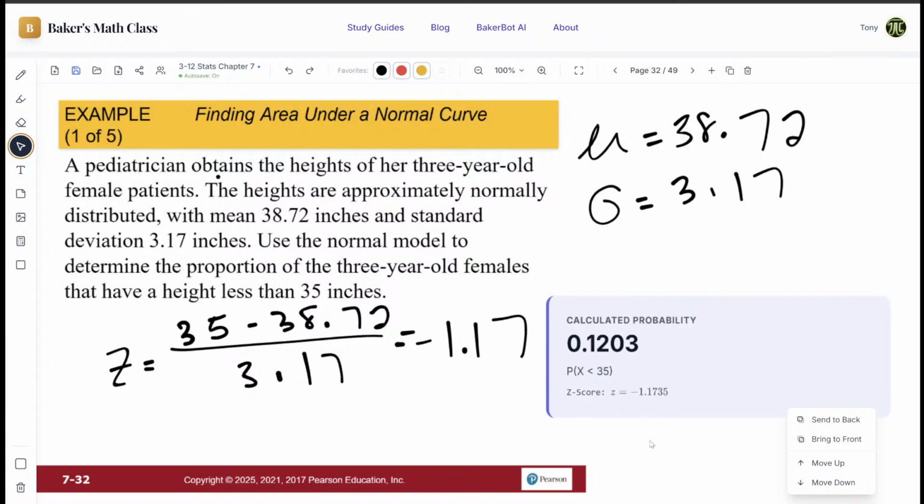So my z-score was negative 1.1735, and we got the negative 1.17, which is fine. We rounded. And the probability is going to be 0.1203.